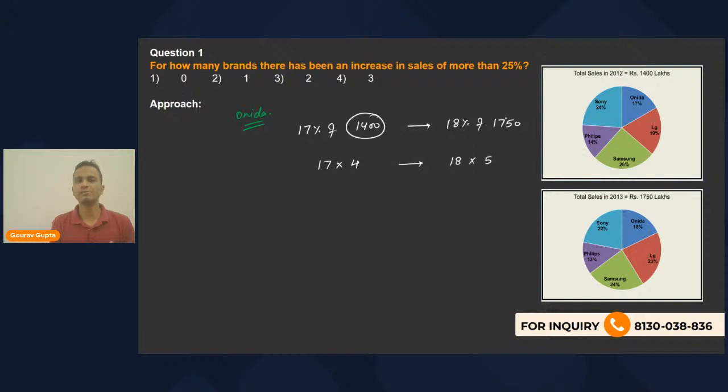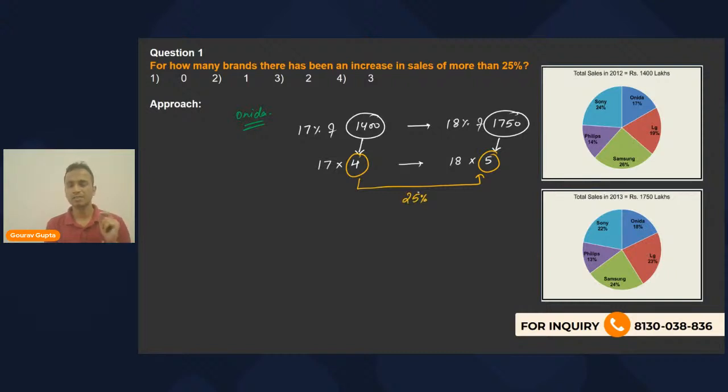Now look at these bases. Look at the total sales value in 2012 and total sales value in 2013. They are in the ratio 4:5. Okay, so I can say that the percentage change in the total sales value is 25%.